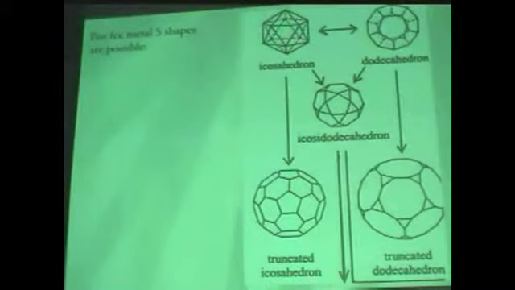Those are semi-regular polyhedra of Archimedes. So for an FCC metal, the existence of 5 shapes is possible.